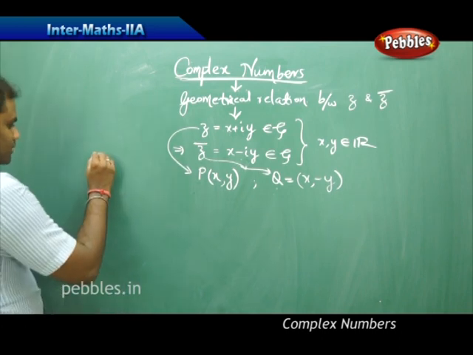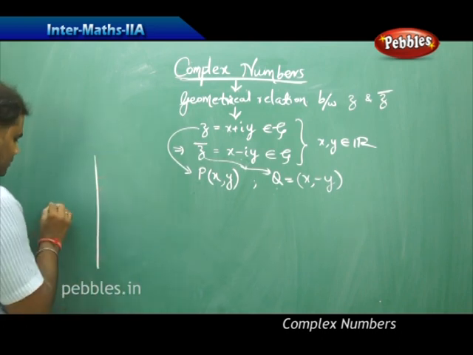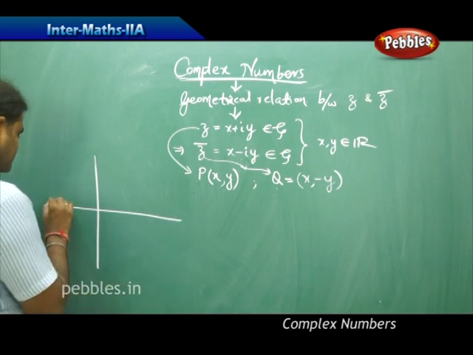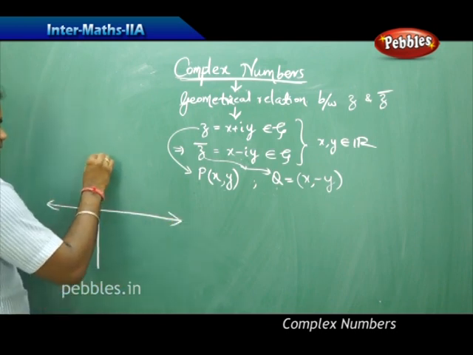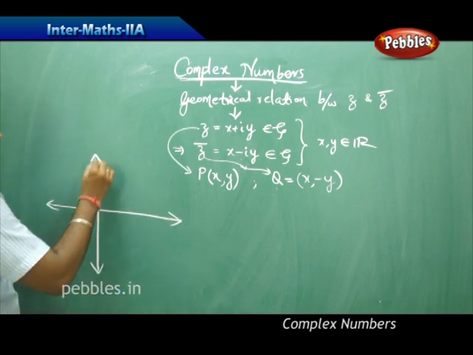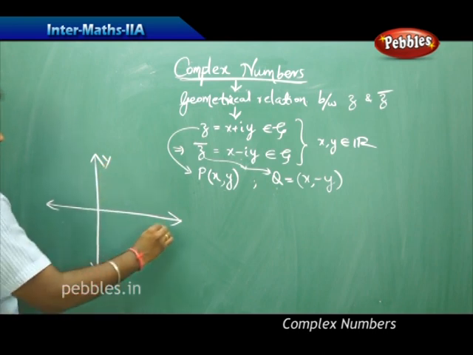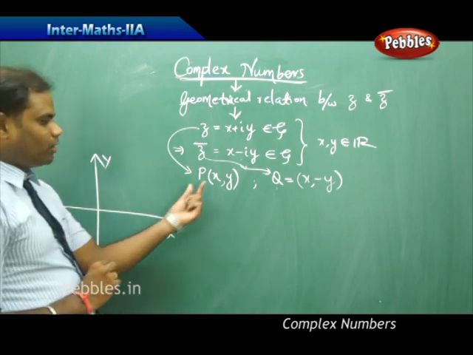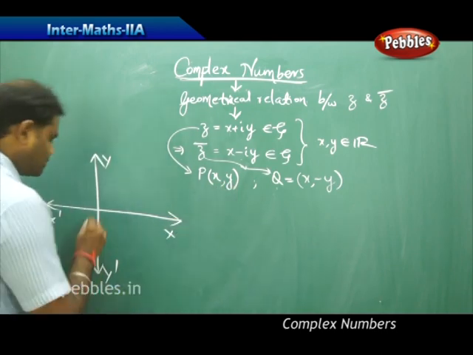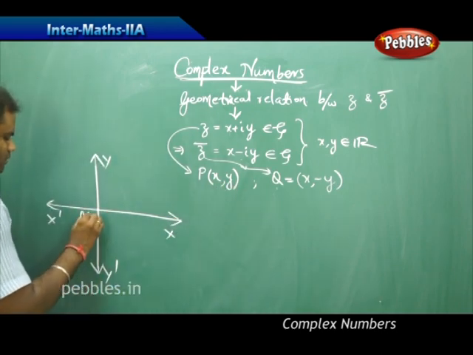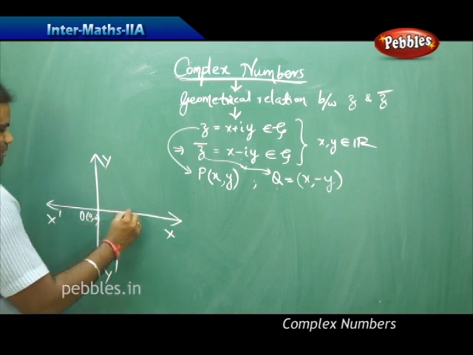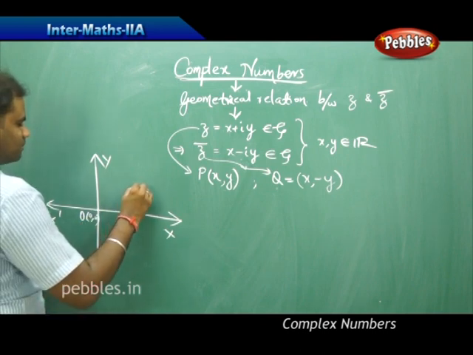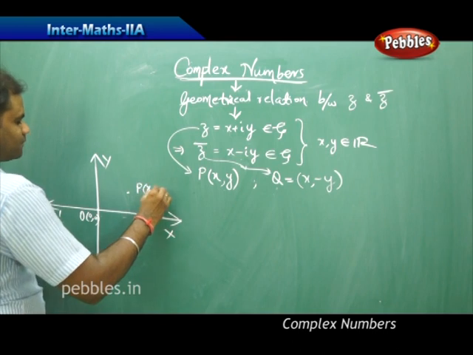So therefore, if I take the Argand plane with initial line x dash and with y dash, then in this case my point x, y is initially plotted here from the origin, which is 0, 0, and x, y, say my P is out here.